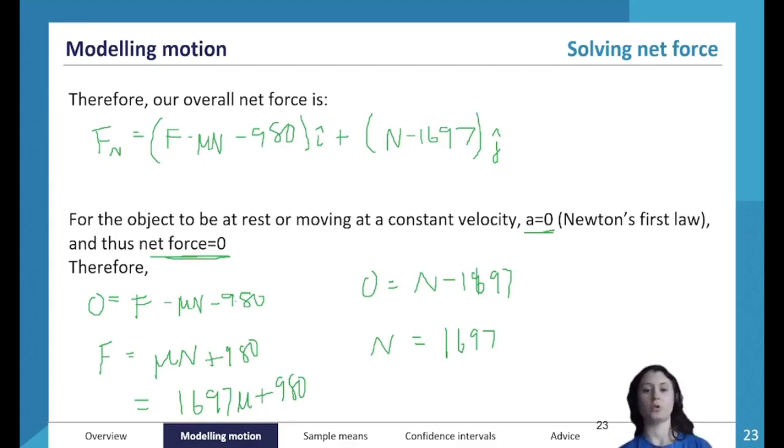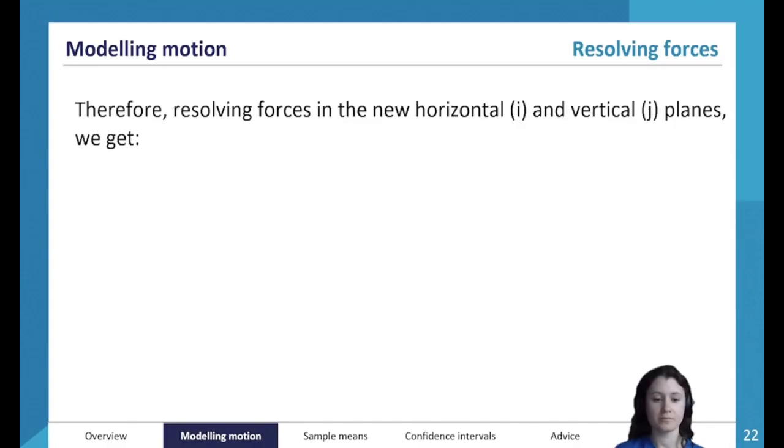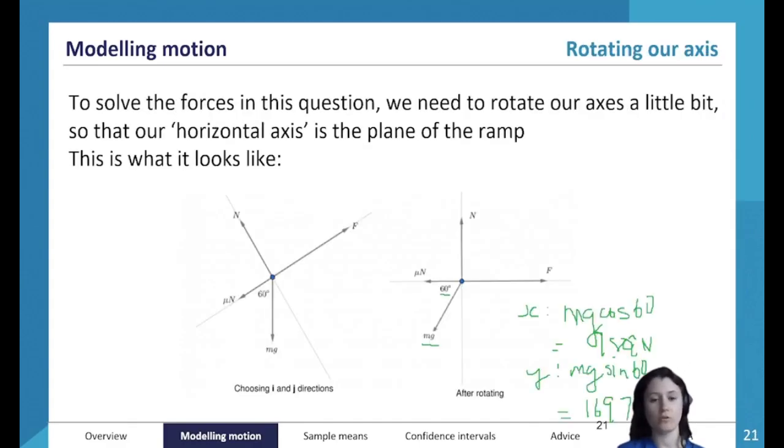Alright, so all we needed to do for this question is resolve our vectors into horizontal and vertical components, and then just find the sum in the horizontal and vertical directions. And as you can see, rotating our axis really helps with that.